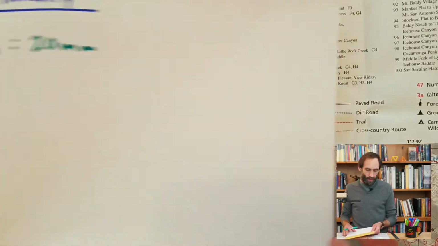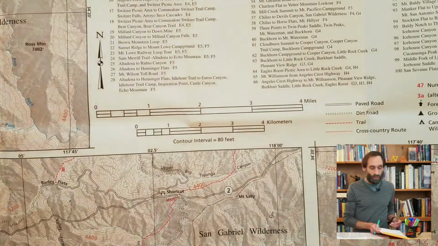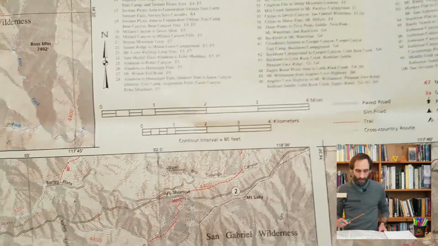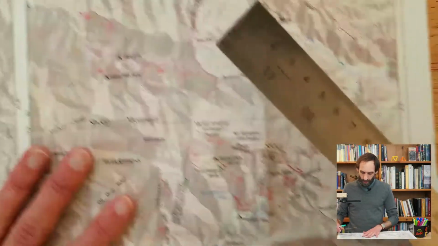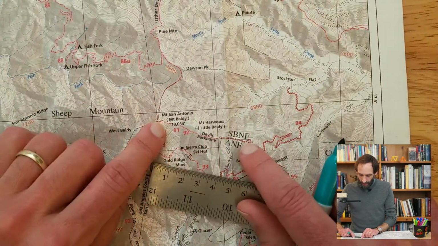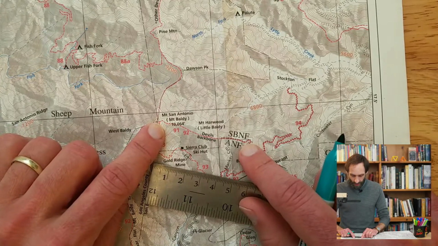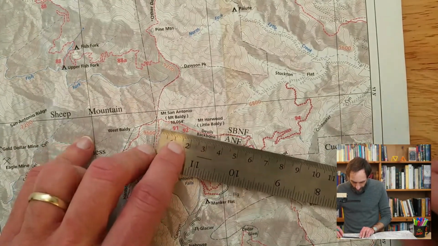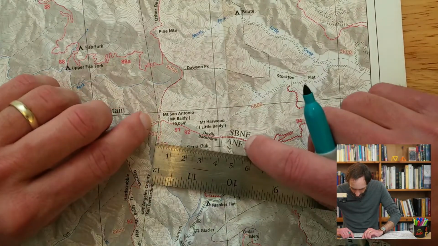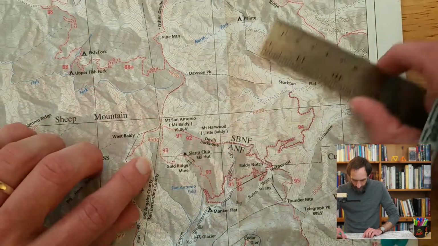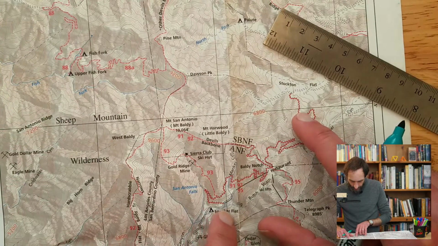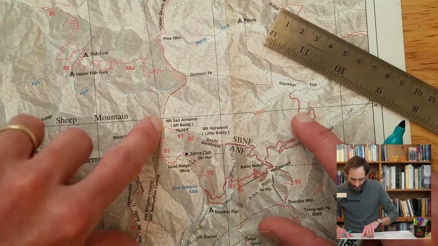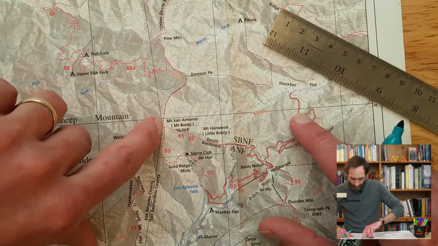Okay, so now let's look at a portion of a trail that I might want to know the length of. I'm going to go over here to the Devil's Backbone section of the Mount Baldy hike, and let's measure basically from the summit. When I hike this trail, I start from here, go up past the ski hut, and then up here to the summit.